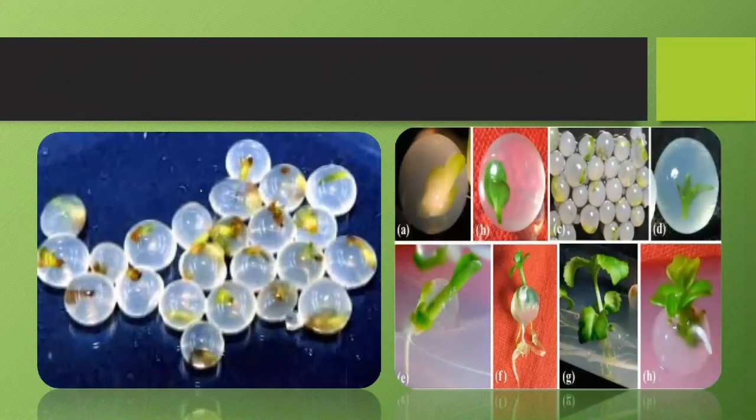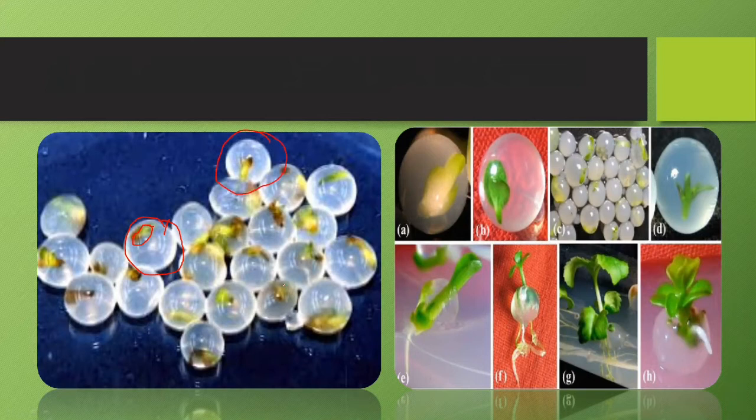Now here is the figure of artificial seeds. See, this whole part is encapsulated either with gel-rite or sodium alginate and nitrate, and this is a somatic embryo, and the whole structure is called an artificial seed.